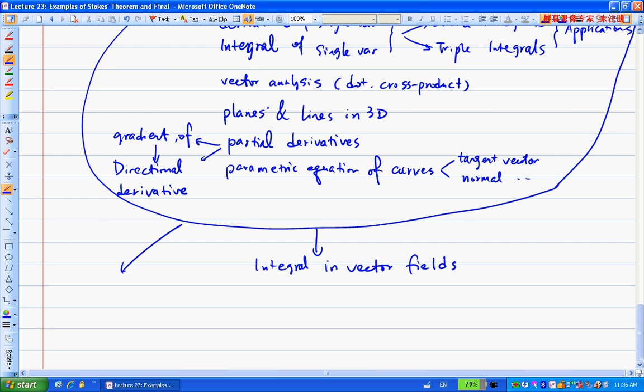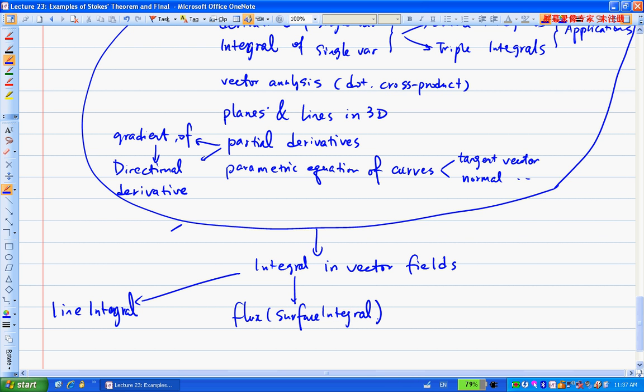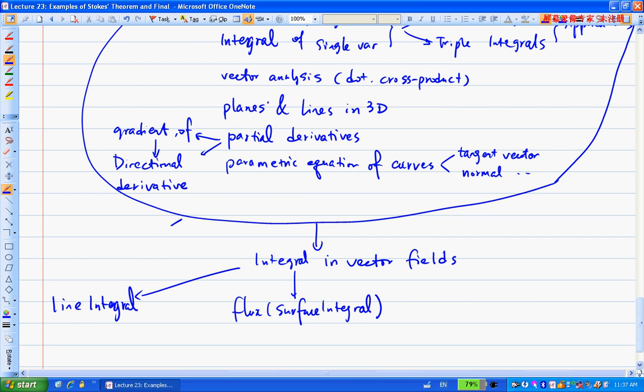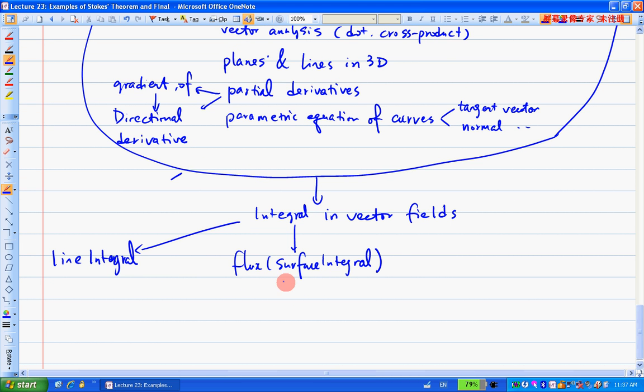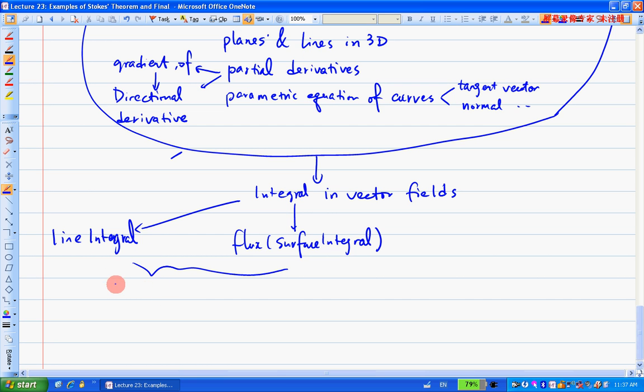So what's included? It includes line integral, the vector line integral. And it includes surface integral, basically calculating flux. And based on the surface integral and the line integral, we have three theorems.